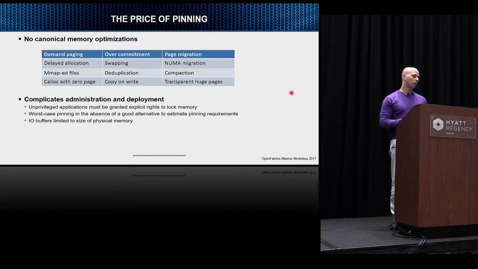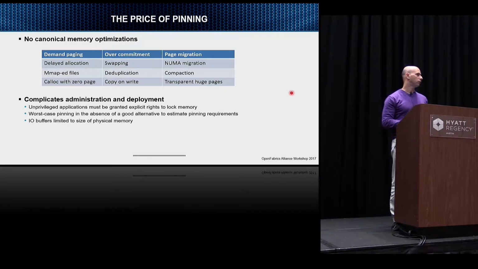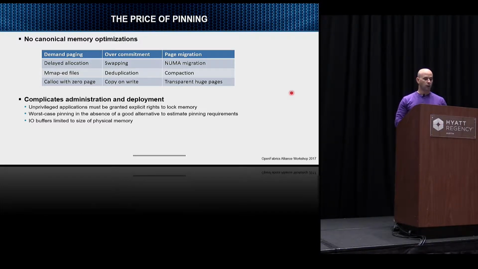For example, you can't allocate pages on demand after you map some file. You can't do copy-on-write when you spawn a new process and want to register some portion of it, and maybe you're initially accessing a very small amount of that virtual memory. You can't migrate between NUMA nodes once you pin the memory. So this is one serious drawback.